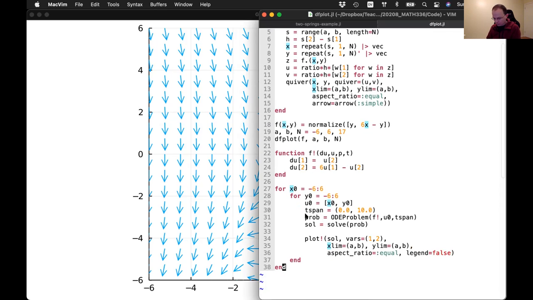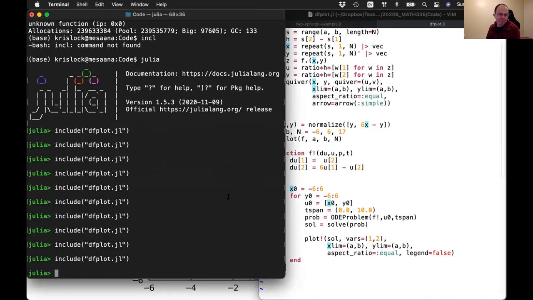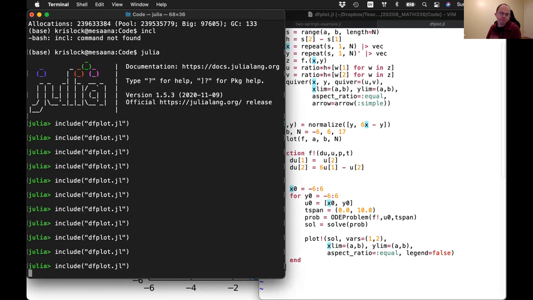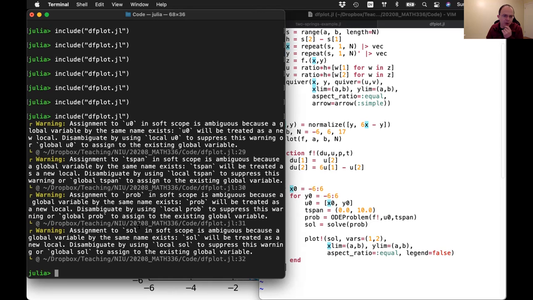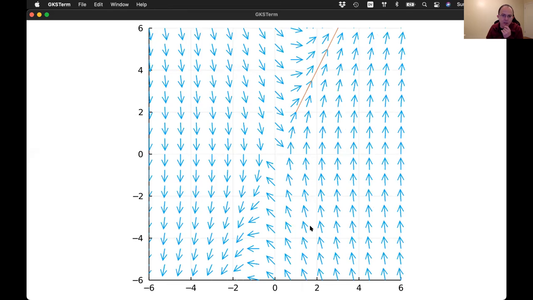All right, hopefully this works. Okay, I'm getting some warnings here. It's suggesting that I add the word local to these u naught, t-span, prob, and sol. But I don't think it's necessary.